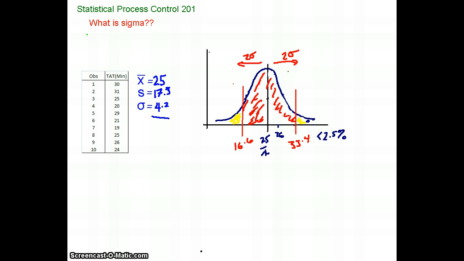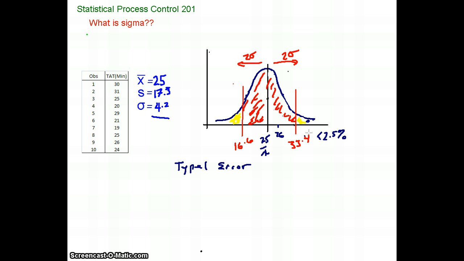So we can identify now a type of error we can make called a type 1 error. A type 1 error occurs when we mistake random variation for special cause variation.